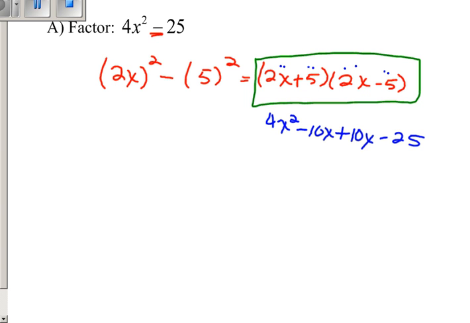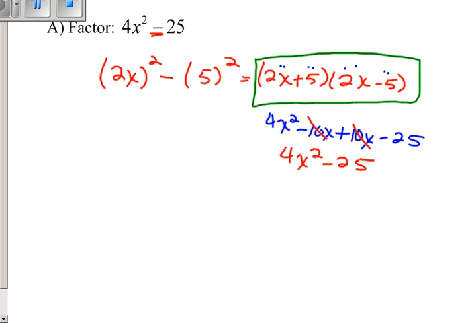Again, my middle terms, negative 10x and positive 10x, cancel, leaving me with 4x squared minus 25. So my problem is checked. I have my answer, 2x plus 5 times 2x minus 5. That is a difference of two squares.